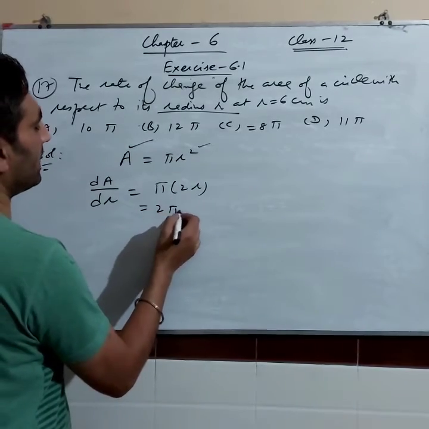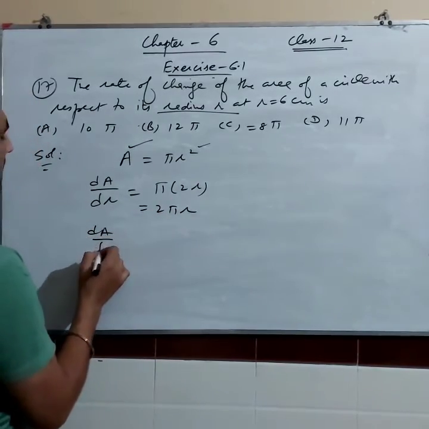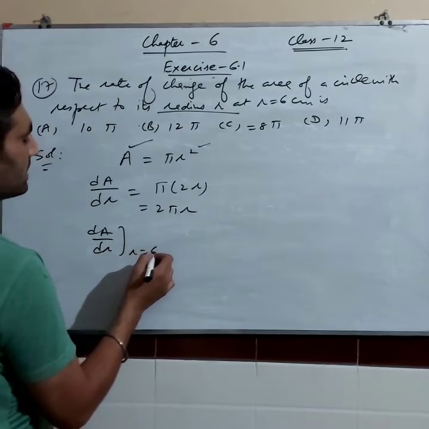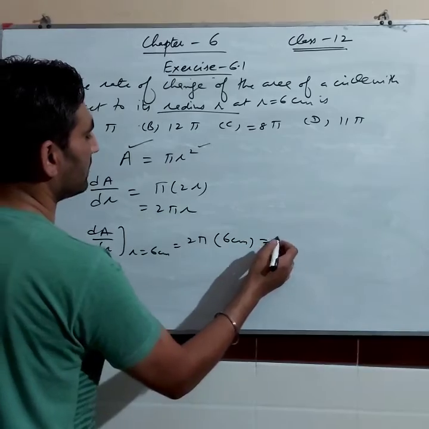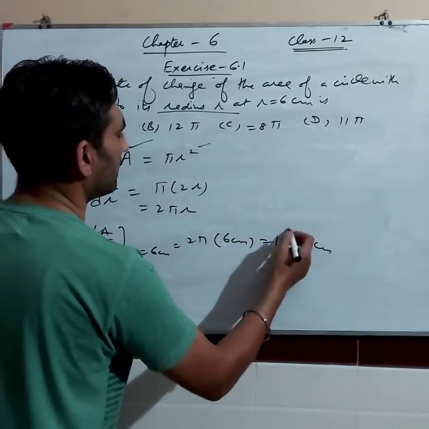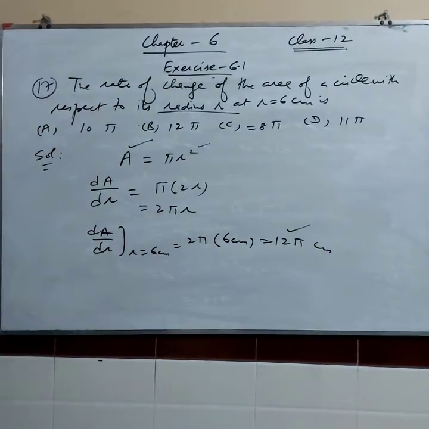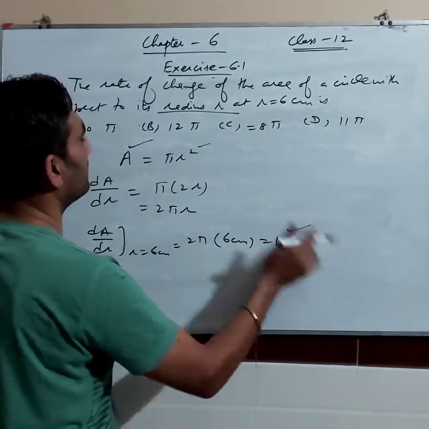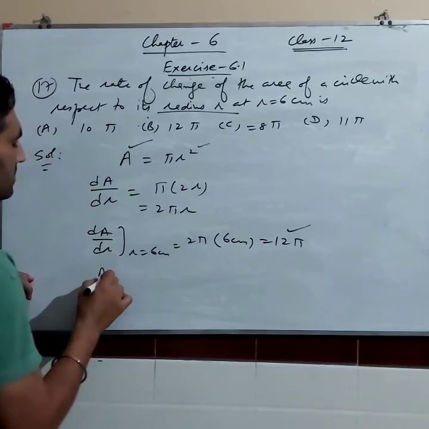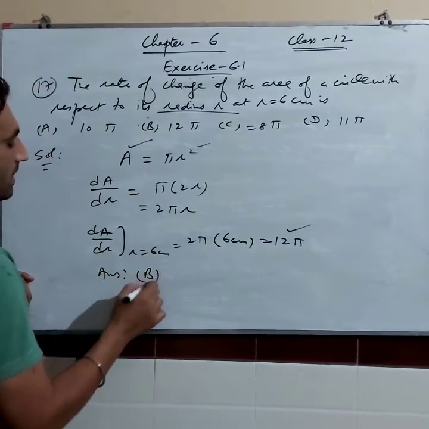So you have 2 pi r, then dA over dr at radius 6 cm will be 2 pi into 6, or 12 pi. So the answer is 12 pi, which is option number B.